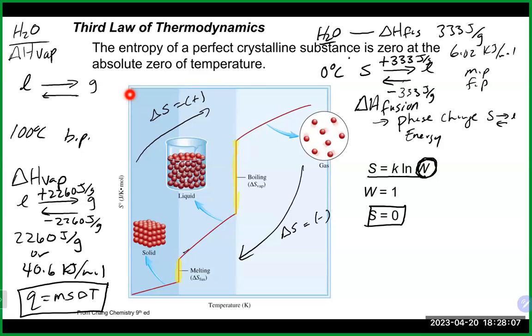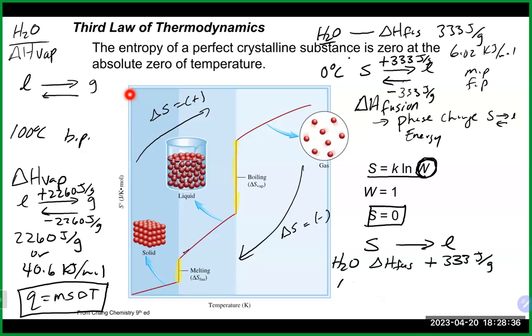So how does this relate to entropy? The entropy of a phase change, as we'll talk about a little bit, is also affected by what's going on. Let's take, for example, as we go from solid to liquid, and we'll use water as an example here. The heat of fusion needed to do that would be a positive value of 333 joules per gram in my example.